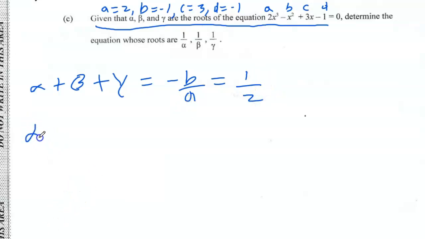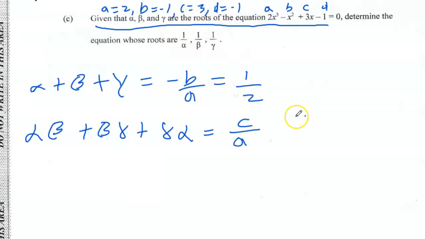The sum of the products, alpha beta plus beta gamma plus gamma alpha, is equal to c over a, which is 3 over 2, since c is 3 and a is 2.